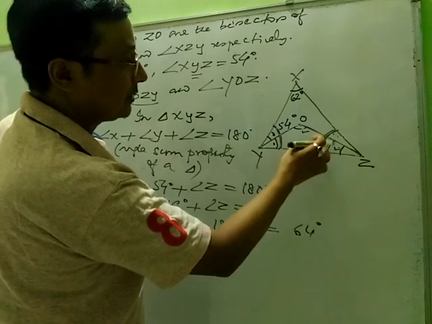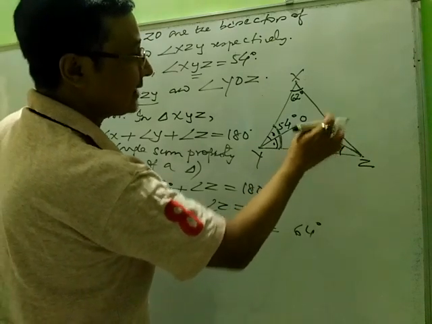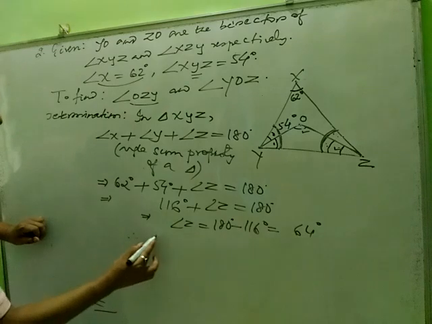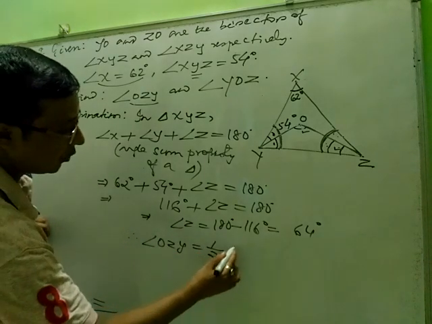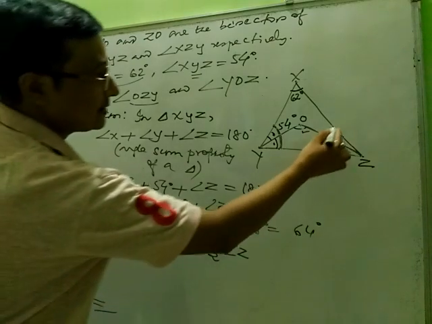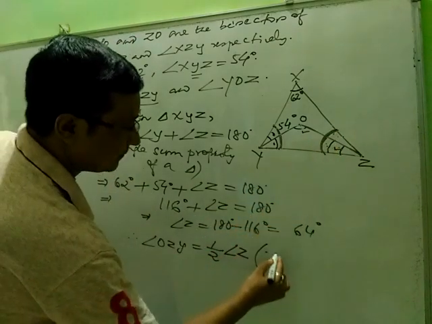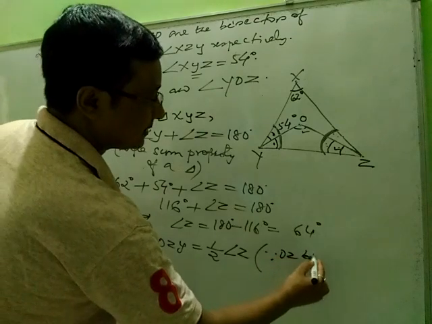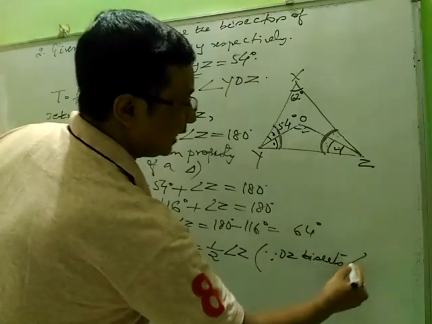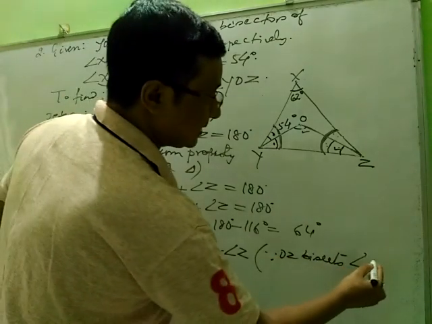These two parts will be the same. Therefore, angle OZY is equal to half of angle Z, since OZ bisects angle XZY.